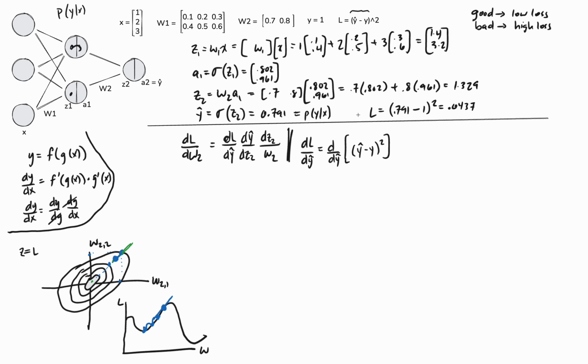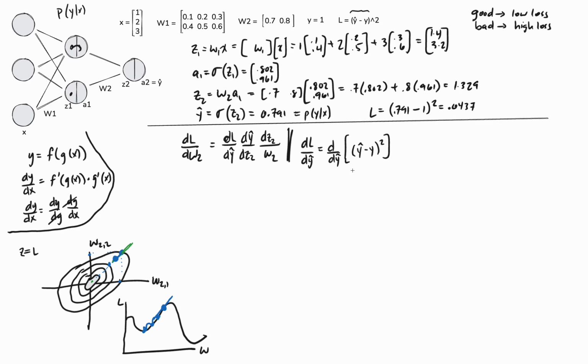Now you might recognize this as another application of the chain rule, because y hat passes through some functions to get here. First it's passed through this subtract-y function, and then the output of that is passed through the squaring function.